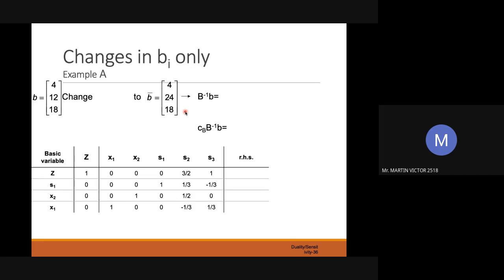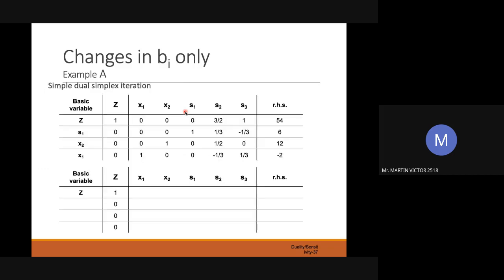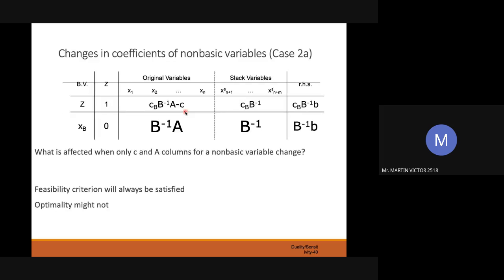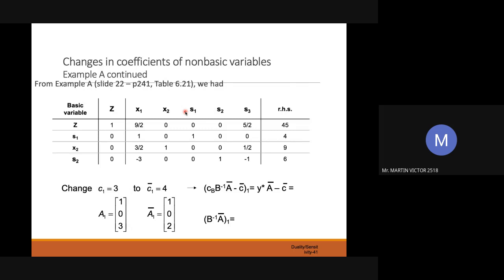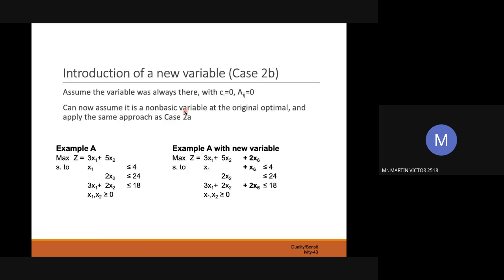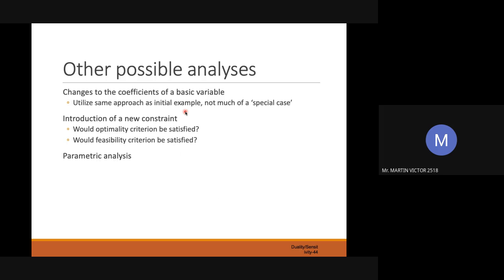Here there are only changes in B, that means changes in the right hand side of the constraints, and what impact that has on our solution. Everything is about the same sensitivity analysis, how to find the revised solution.